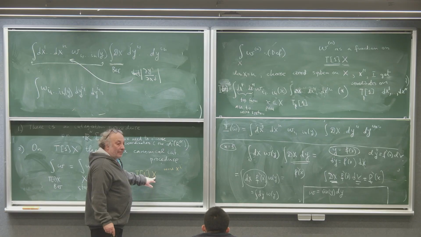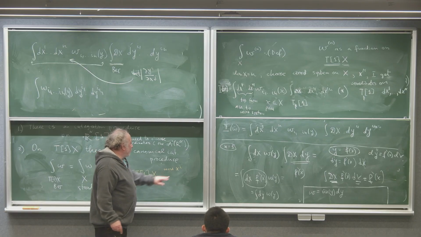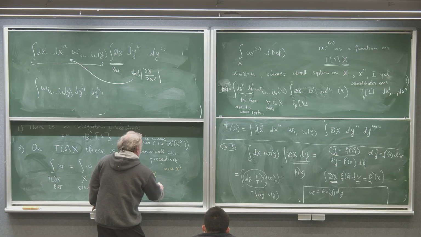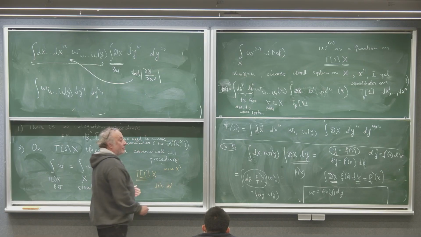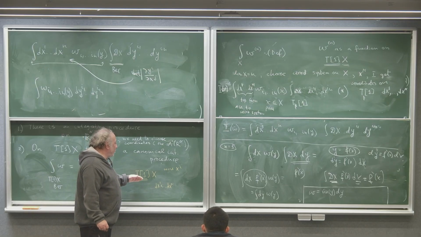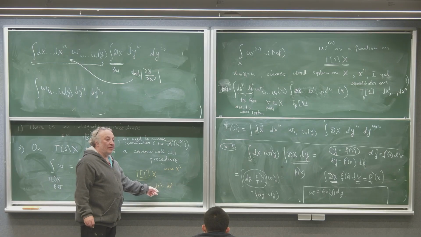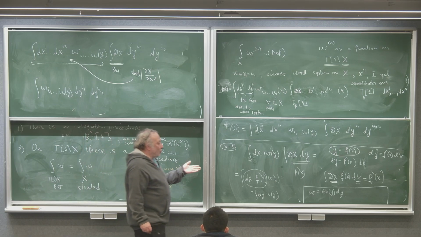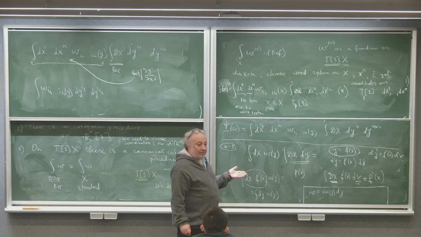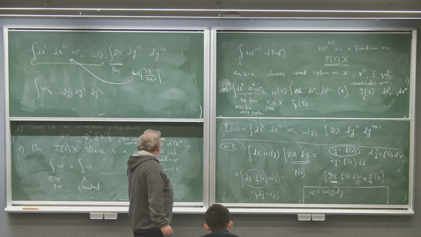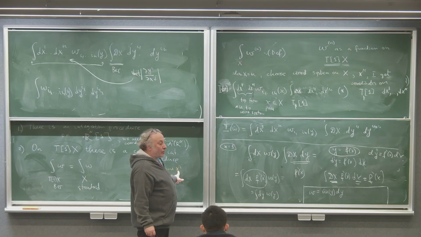And then the rule is that if you have coordinates, you can write down the measure dx1 ... dxn on the base. And then the question was, what would happen if you integrate in the Berezin sense along the fiber, and then with this form along the base. And what I showed you is that the answer would be independent of the choice of these coordinates.